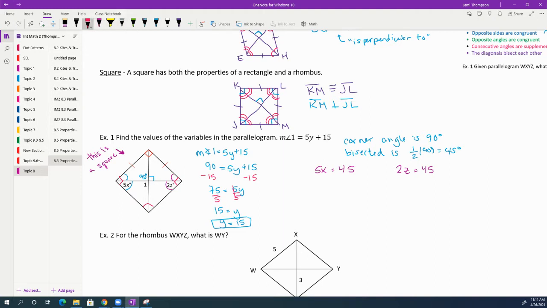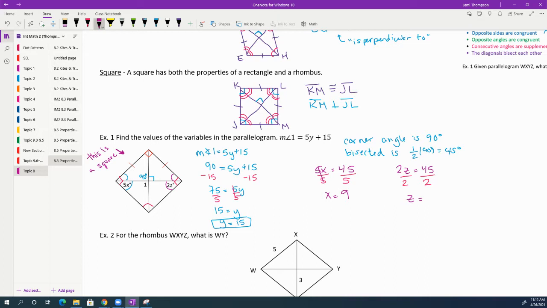And then solve. And the first one where I have an x, to get x by itself, I have to divide by 5. 45 divided by 5 is 9. Ooh, that doesn't look like a 9. 9. On the right-hand side, 2 times z, so I divide by 2. 45 divided by 2 is going to give me a decimal, and that's okay.